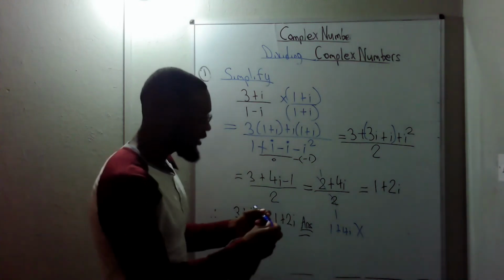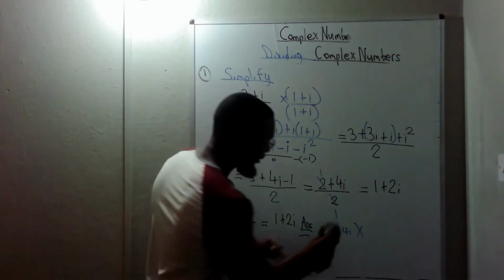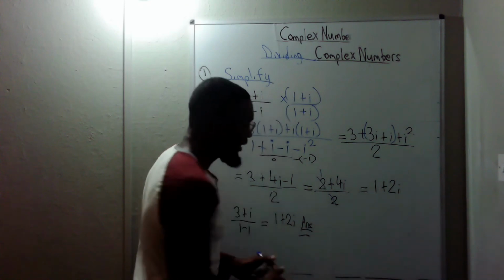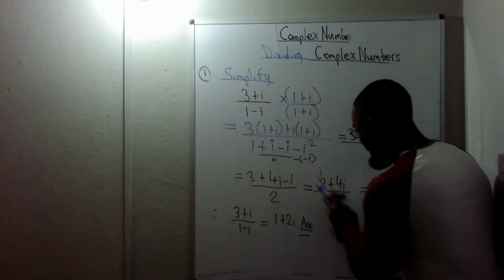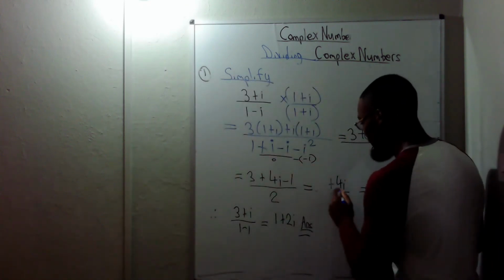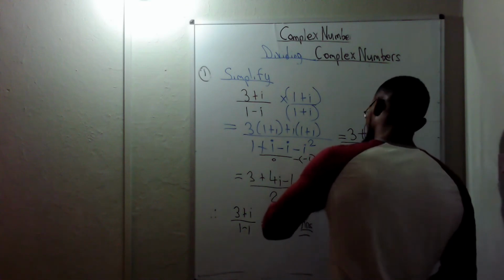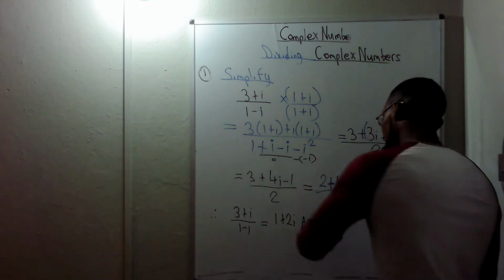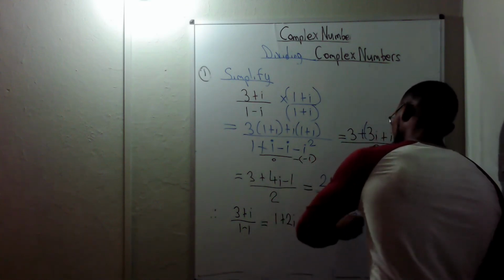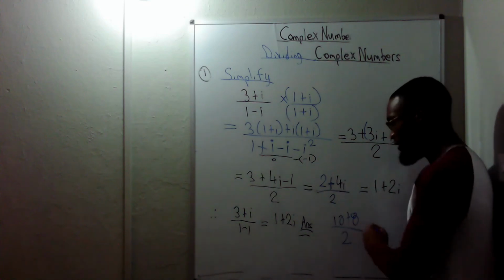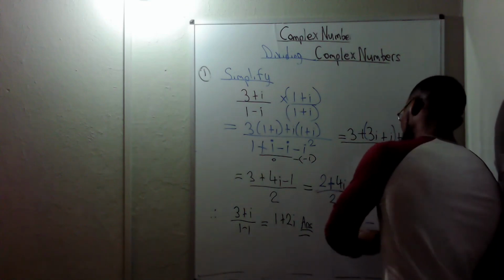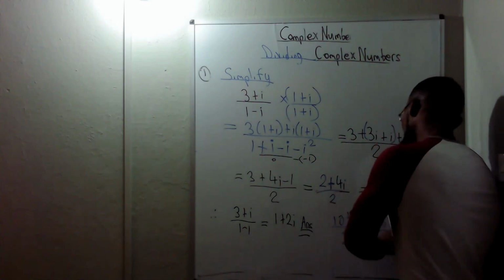Think about it this way. This popular mistake that is made. Think about it this way. 10 plus 8 divided by 2. 10 plus 8 is 16. 16 divided by 2 is 8.